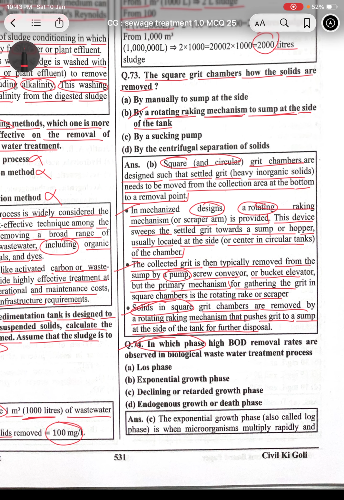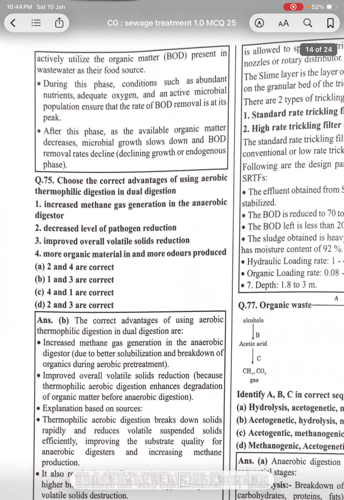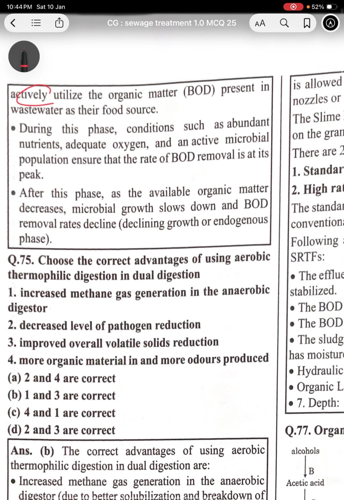In which phase are high BOD removal rates observed in biological wastewater treatment processes? That is the exponential growth phase, also called the log phase, in which microorganisms multiply rapidly and utilize the organic matter, BOD, present in the wastewater as a food source.